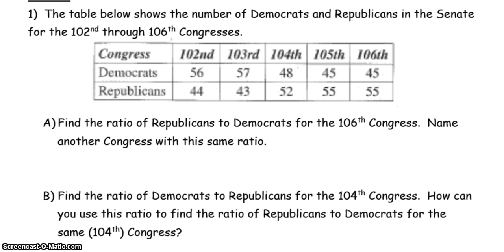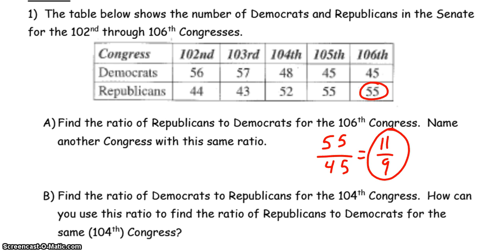So the ratio for Republicans to Democrats. Well, in this case, there were 55 Republicans and there were 45 Democrats. Now, if we reduce that by a factor of 5, that reduces to 11 over 9. Now, one of the other sets would have to have the same fraction or the same ratio for that.